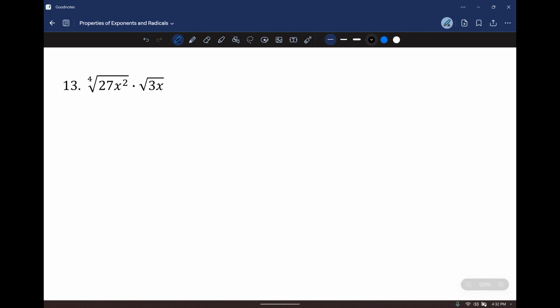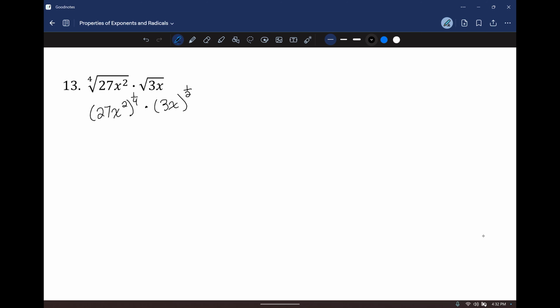All right, so I'm multiplying radicals again, but I have a 4th root and I have a square root. So this is kind of like number 10, where we need to find a common root, I guess, for lack of a better phrase. So we have 27x to the second to the 1/4 times 3x to the 1/2.